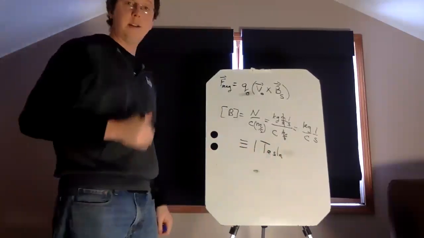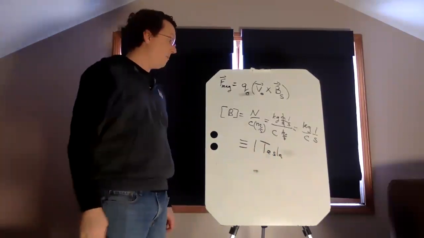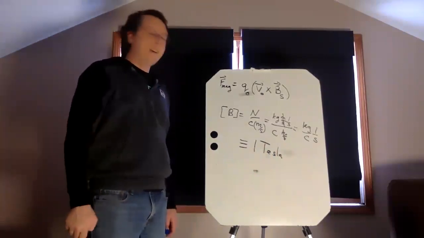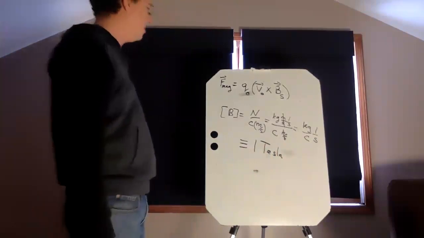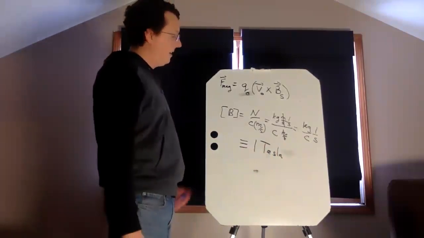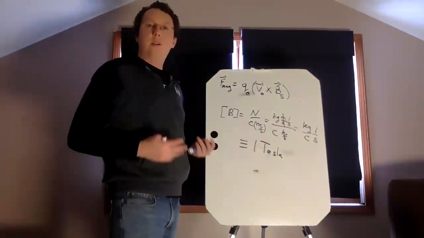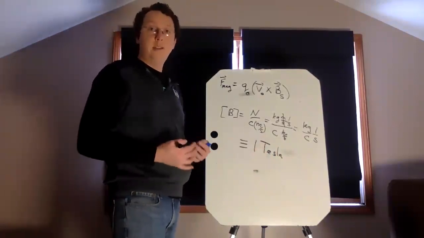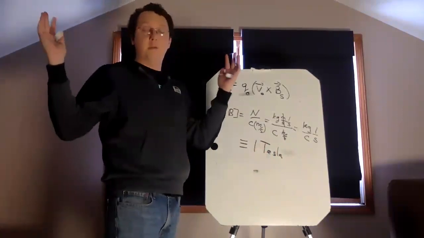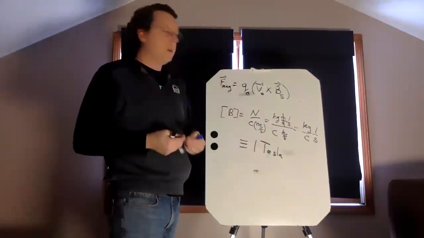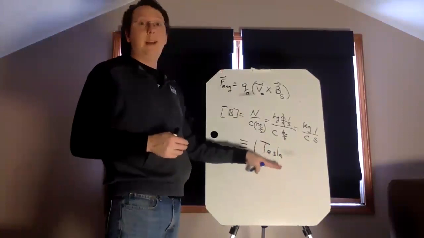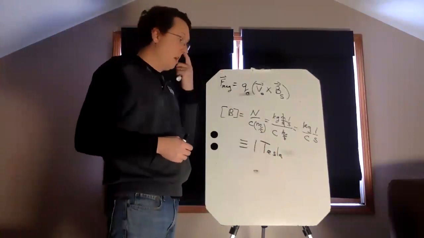Okay, 1 Tesla, named after the car. No, named after the person. Now, kind of like with coulombs, a coulomb is gigantic in terms of practical amounts of charge. 1 Tesla is gigantic in terms of magnetic fields.